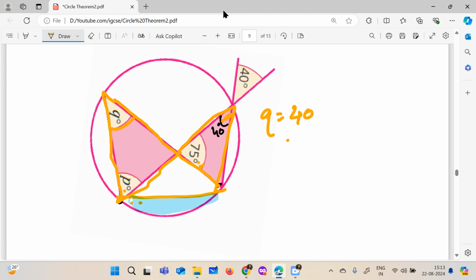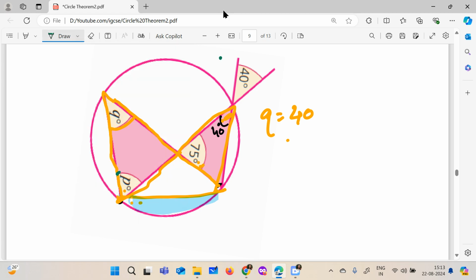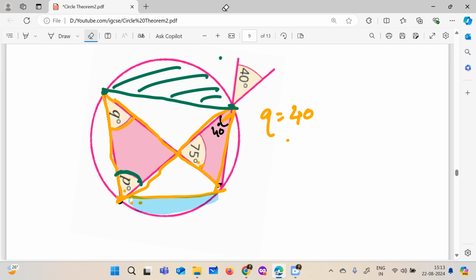Now if you look carefully, here you have angle P, and you need to find its measure. If we look at these two points, this is one segment and this is another segment, so P and this angle are in the same segment.